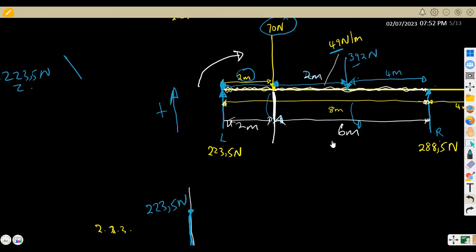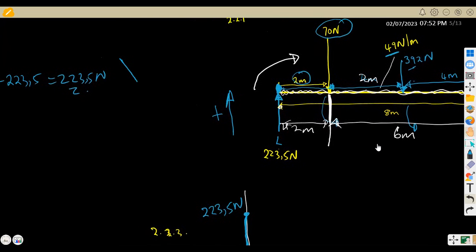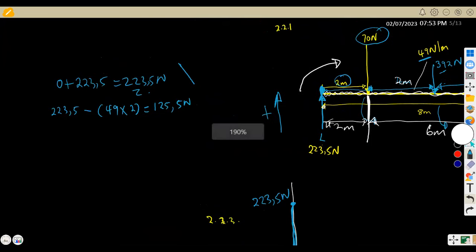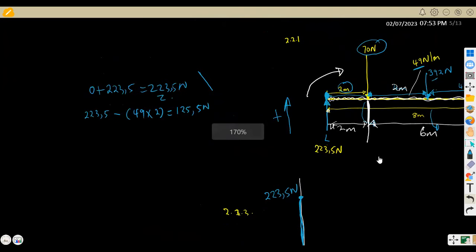Which means if it is going down, we are going to subtract from the 223.5 where we are at this point. So it's going to be 223.5 minus the 49 Newton times the distance of 2 meters. Take note, we've got a distance of 2 meters in this case. So the resultant is going to be 125.5 Newton.